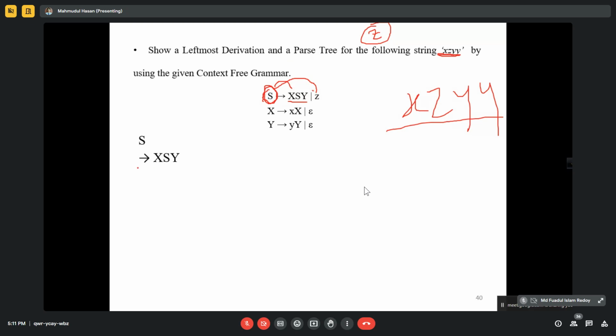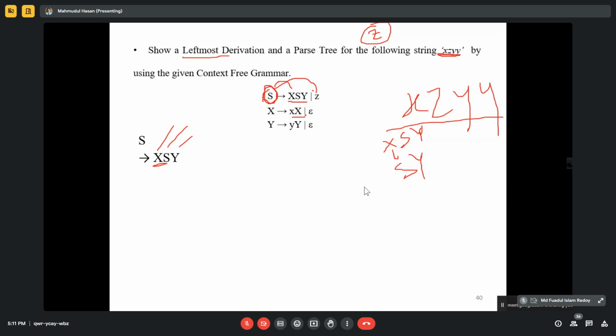So you have three non-terminals X, S, Y, but our approach is leftmost. So we choose X, and from X you can go to lowercase x, uppercase X, or epsilon. If you choose epsilon, you just remove this one, leaving S Y. But which one do we need to choose?